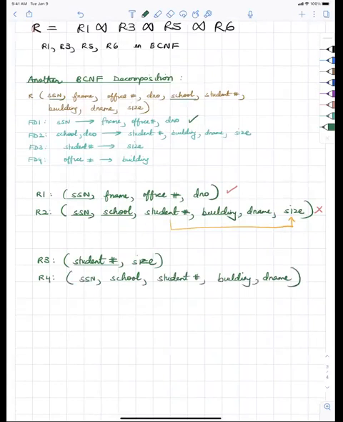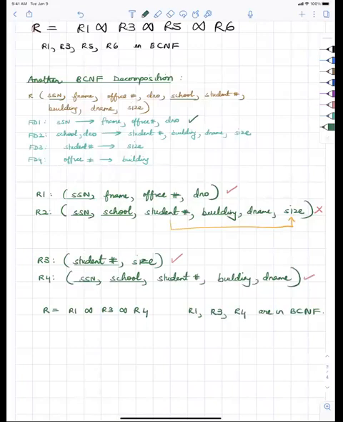If you look at table R4, there are no functional dependencies in here other than the key, SSN and school determine everything else. So these three, R1, R3, and R4, are in Boyce-Codd normal form. So we have R equal to R1 join R3 join R4, and R1, R3, and R4 are in Boyce-Codd normal form.